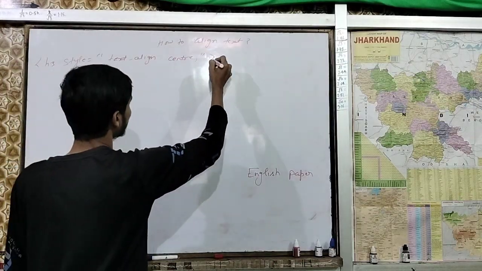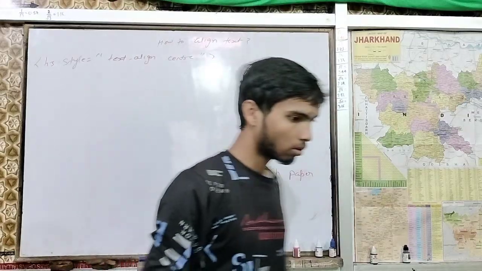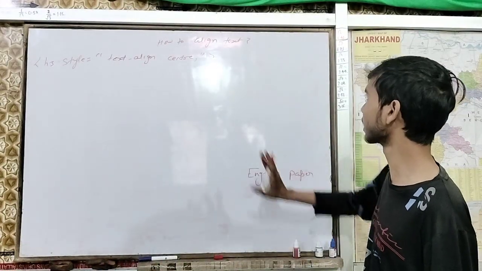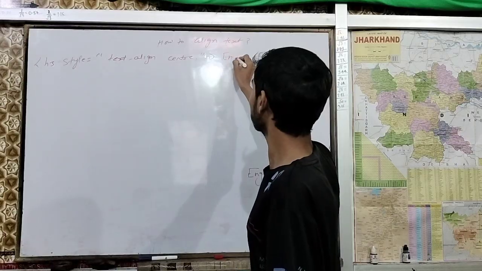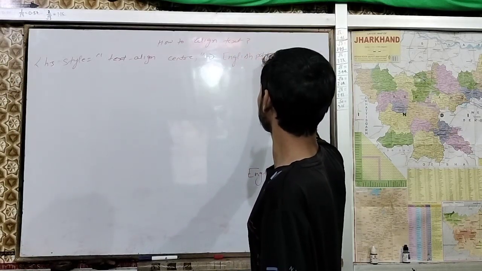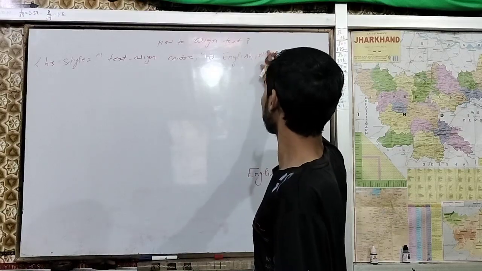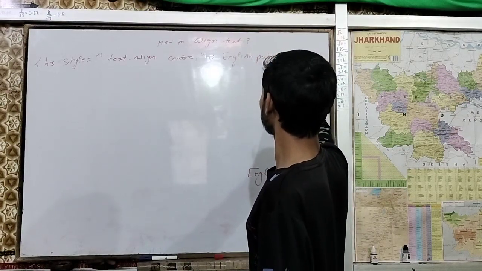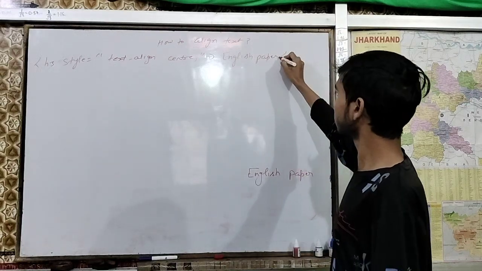This is complete. So what is your text? We have this English paper text. Okay.